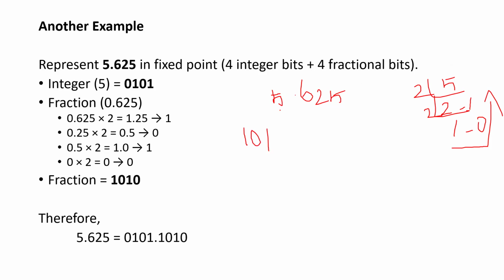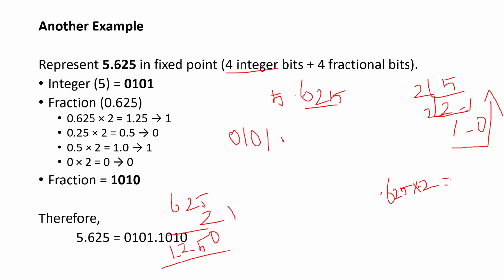So before the decimal point there are 4 integer bits, so I will put a 0 before this: 0101. Then the point. Now we calculate 0.625. To convert the fractional value, take 0.625 and multiply by 2. What is the value? 1.25. 0.625 into 2: 6 into 2 is 12, so 1.250. Now what I have to do?